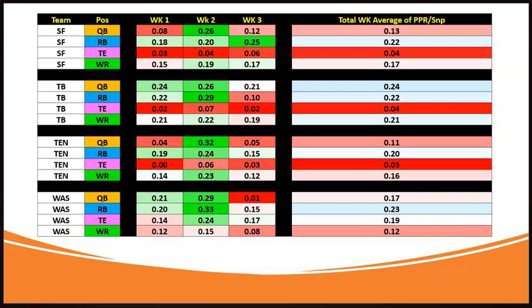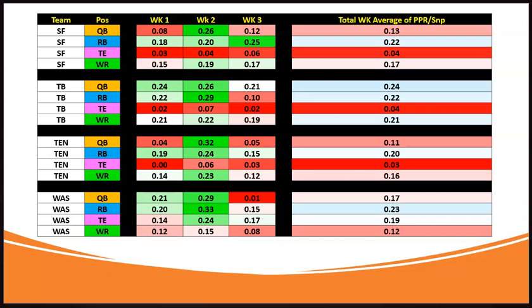Tennessee, nothing really happening. Tampa Bay was sadness. San Francisco, all about CMC there. And that's coming through for them. A lot of other variation occurring there. So you can study these. I'll have the static images up on the Science of Fantasy Football website.